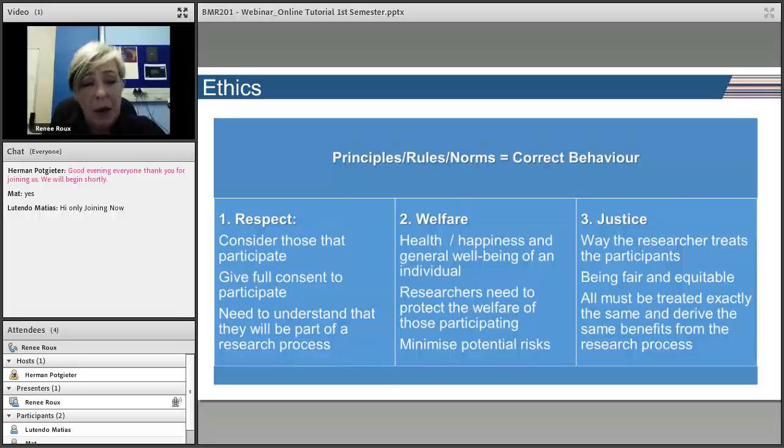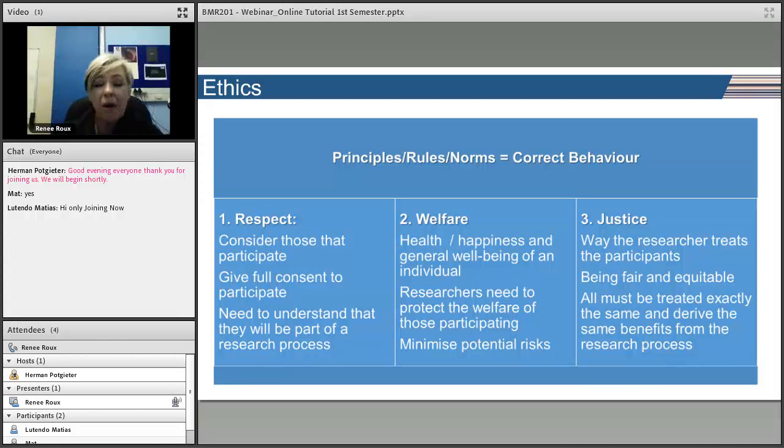So what it means is they have to give consent that they willingly participate. They need to understand what part they play in this research, how important it is. They need to understand that the information that they provide will be protected. It will be confidential. So it's respect for the participant.